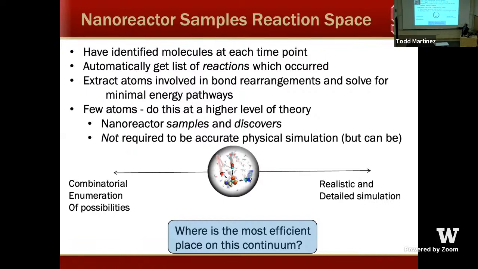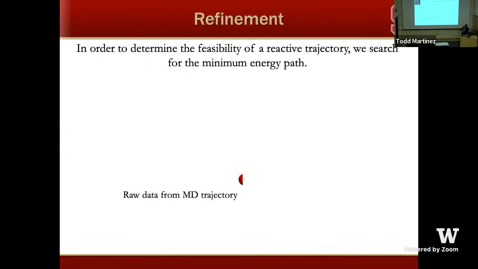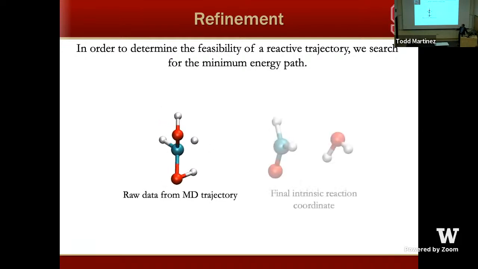So now you say, well, how do you connect that back to a real rate? And the way you do that is through something like transition state theory. So you take here an MD trajectory. This is a piece out of that Urey-Miller trajectory, and the 2 pieces come together and they make some bond, right? And I can take that as an initial guess for a minimum energy path that goes from a reactant to a product.